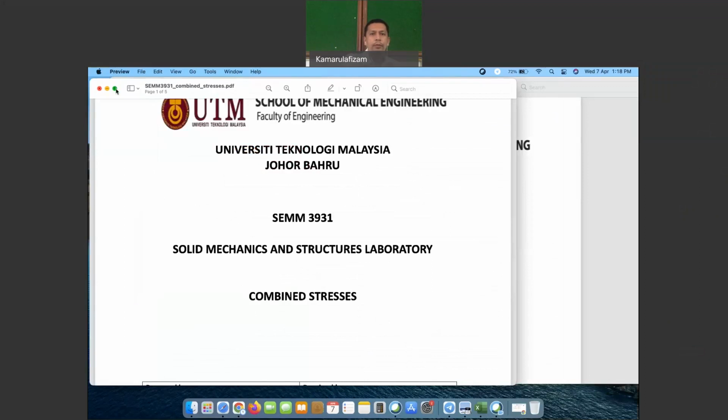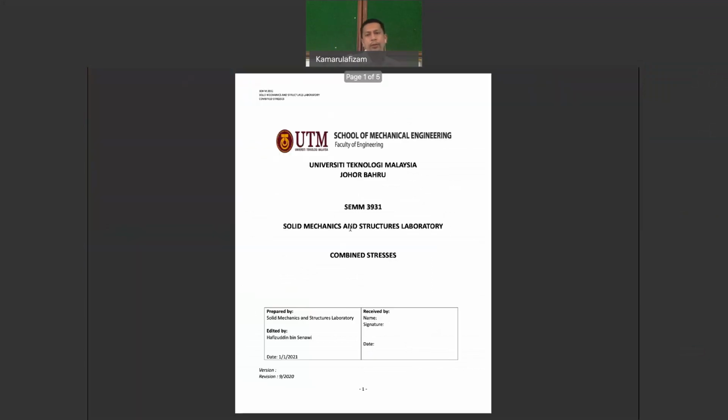You can get this lab sheet from the eLab website. You can download the two lab sheets over there. The whole idea for this experiment is to use whatever theory you may have learned in the classroom, the theories that govern the application of combined stress as well as the curved bar.